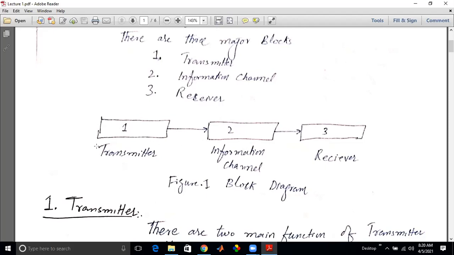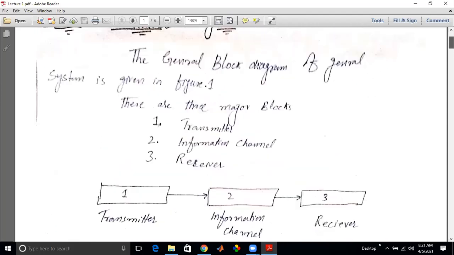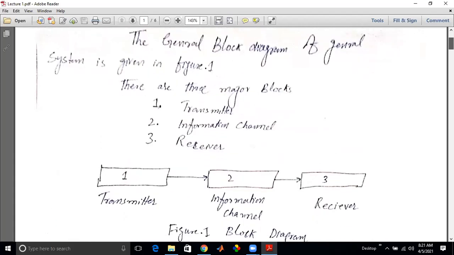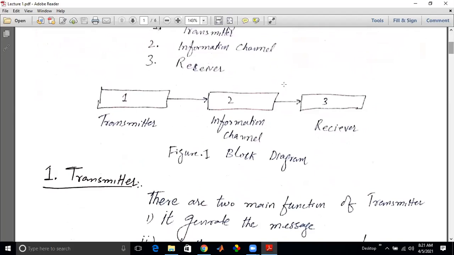The transmitter will generate the message and it will be transmitted toward the receiver, and it will pass through the information channel, and the receiver will receive the signal, process it, and give us the output. So the general communication system consists of three major blocks: block number 1, the transmitter; block number 2, the information channel; and block number 3, the receiver.